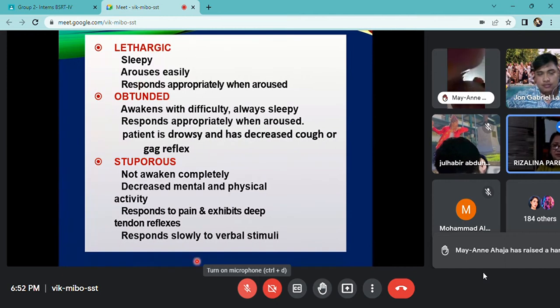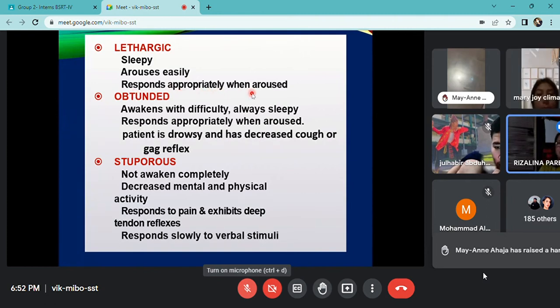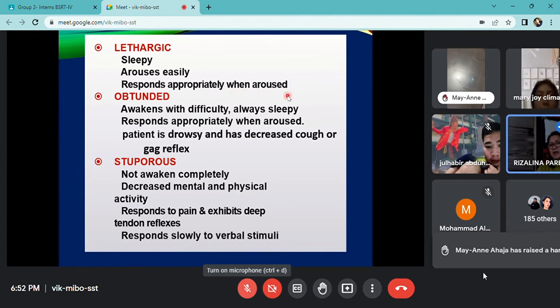But take down notes and study also the other levels of consciousness. So lethargic: sleepy, arouses easily, and responds appropriately when aroused. They are always just sleeping and always drifting in and out. They respond when awakened, but still cannot follow instructions.